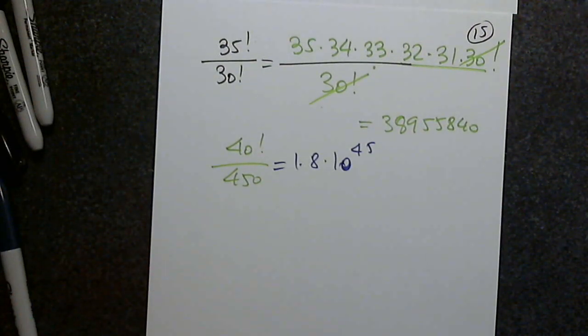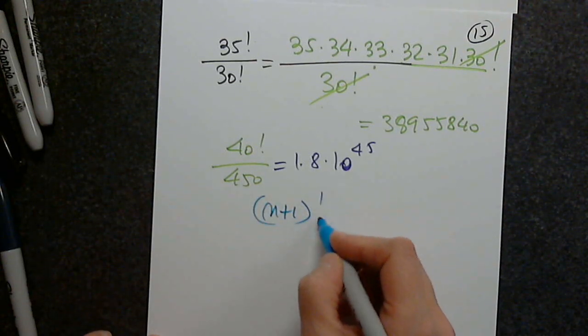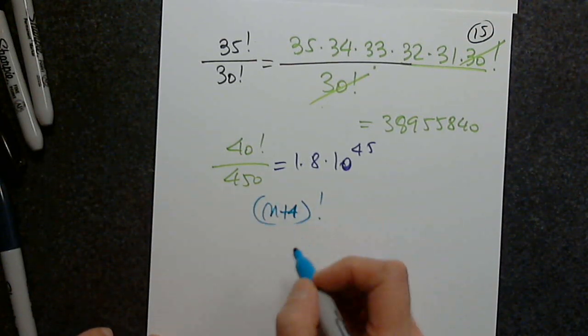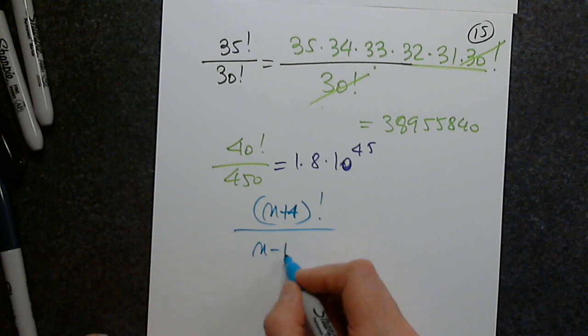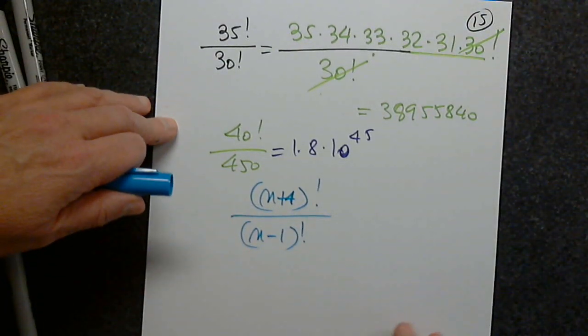I'm just looking at the 21. So what does 21 say? It's 20. So 20 is n plus 1 factorial. I'm going to change it into n plus 4 factorial over n minus 1 factorial. Which of these two is bigger?